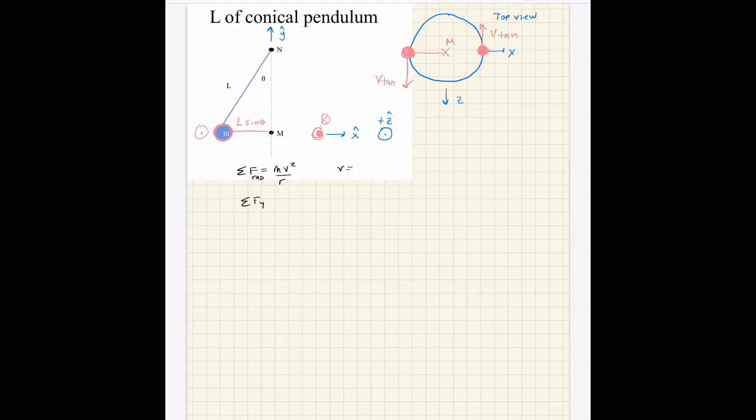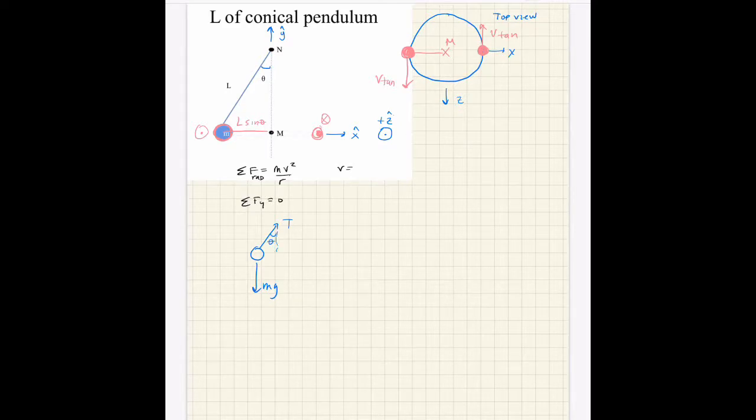The sum of forces in the y equals 0, and the sum of forces radial are mv squared over r. And doing a quick free body analysis, just to remind you of the problem, I had tension and gravity as the two forces acting on the system. The force that points radially inward is a component of the tension force. And this angle theta right here is fixed.